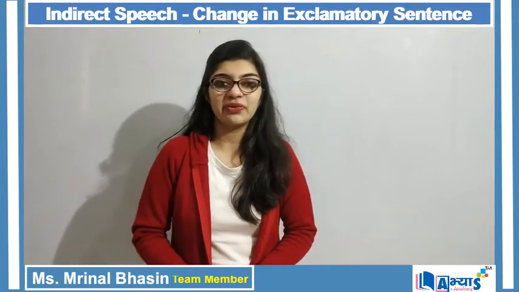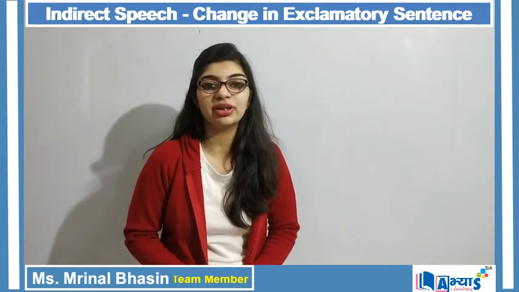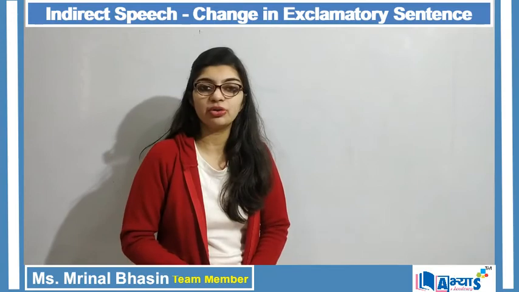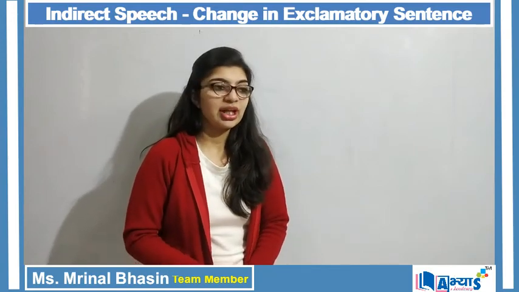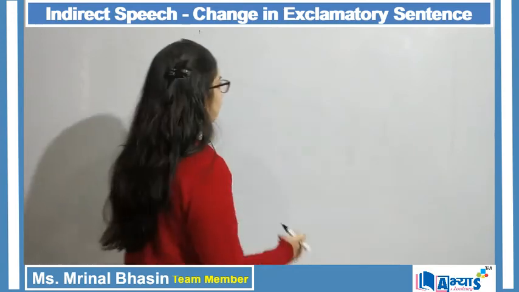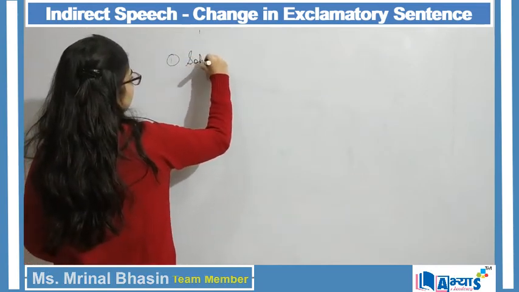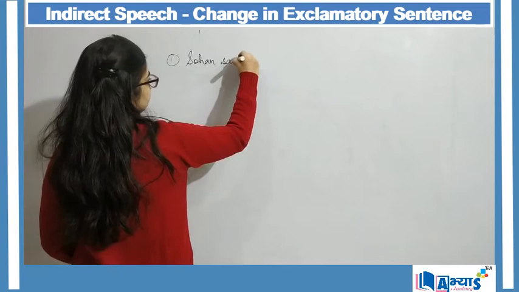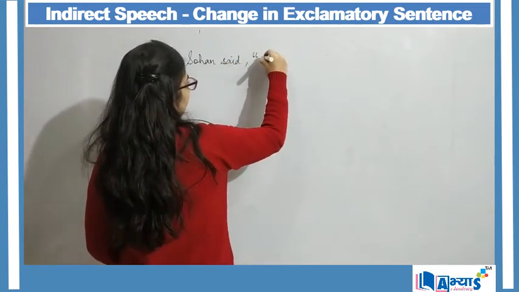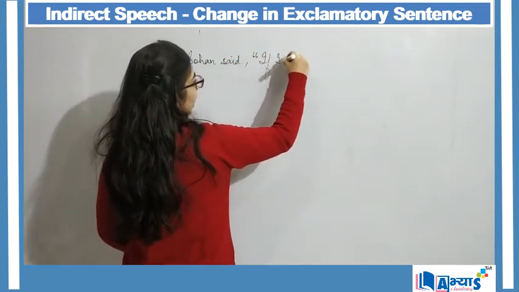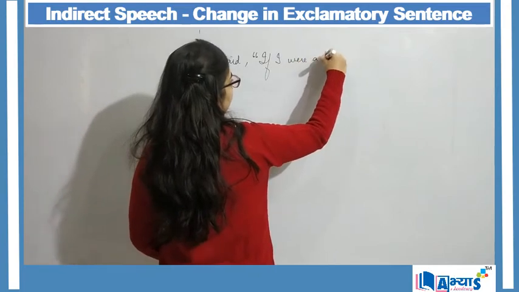Now exclamatory sentences can be converted or they can be transformed into assertive. Now one example can be, like I can say, Sohan said, if I were a bird.